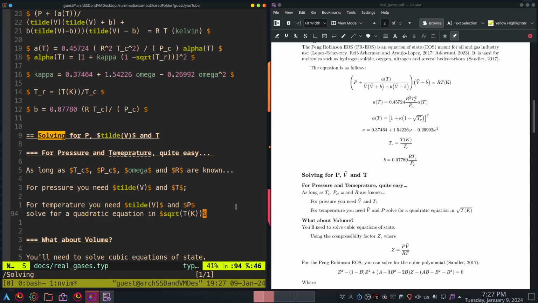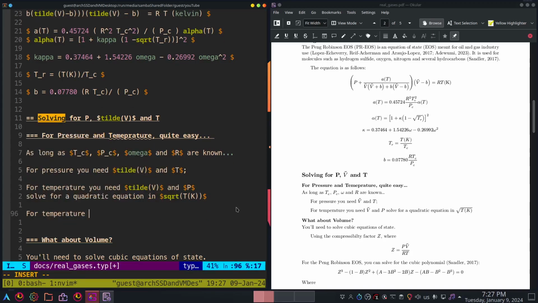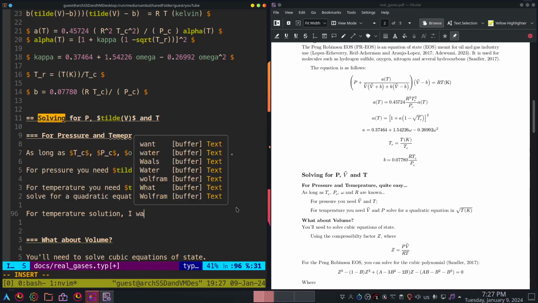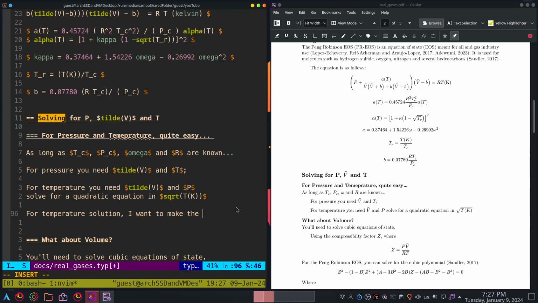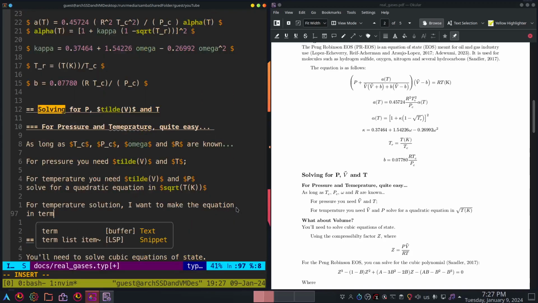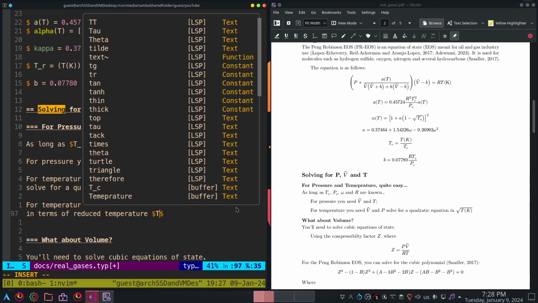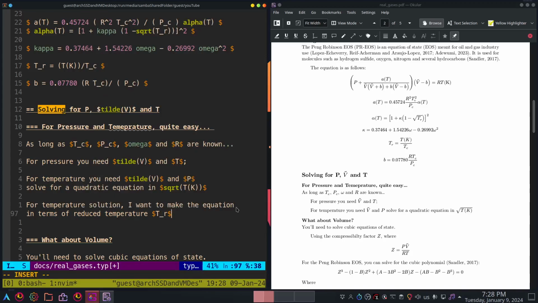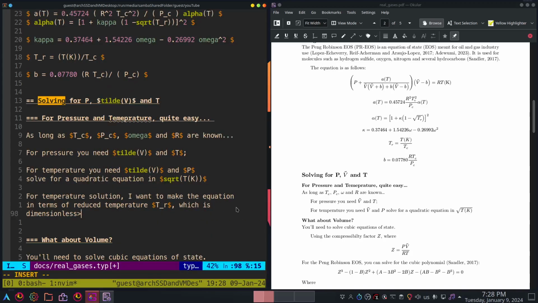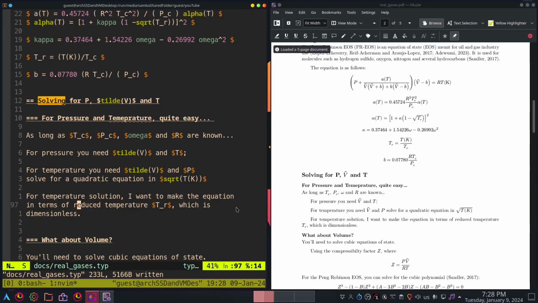For the temperature solution, I want to make the equation in terms of reduced temperature, and this is of course TR, which is dimensionless. Dimensionless quantities are a lot easier to deal with when you talk about units of measure.